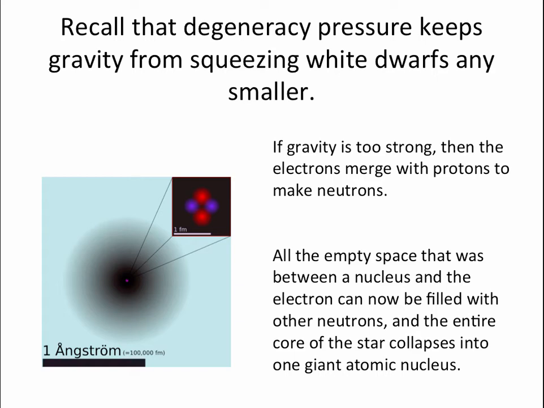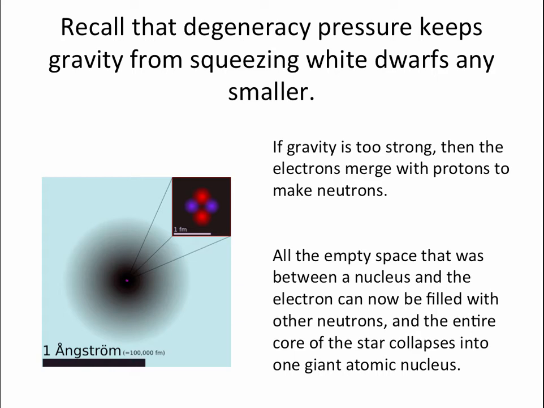Remember when we talked about atoms that atoms are mostly space. We had this apple seed sized nucleus inside a football field sized atom. Now the electrons go away, and so suddenly the entire atom is the size of that apple seed. All this space opens up and gravity can squeeze down the star really small. 1.5 times the mass of the sun gets squeezed into something that's only a few miles across.